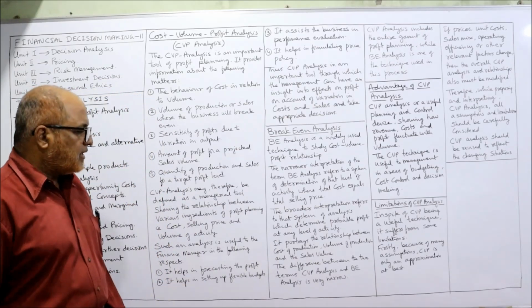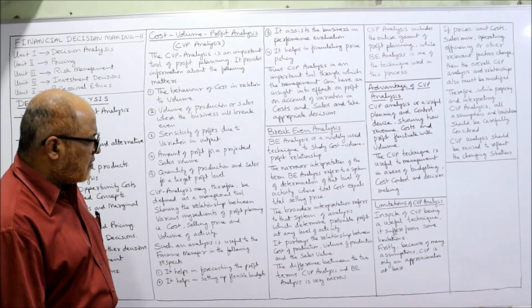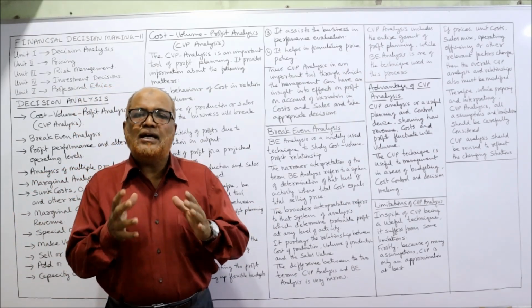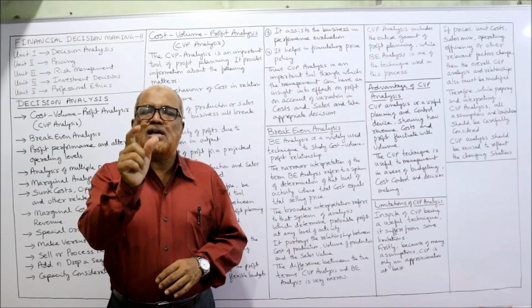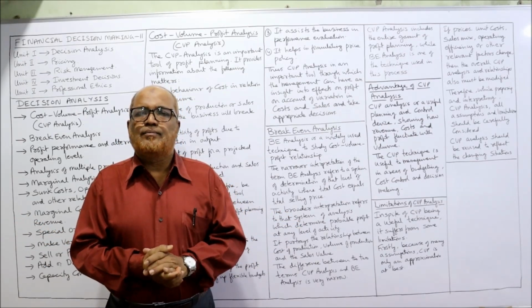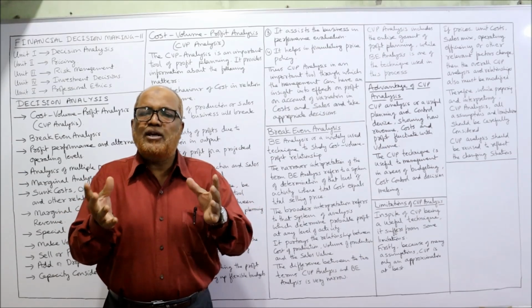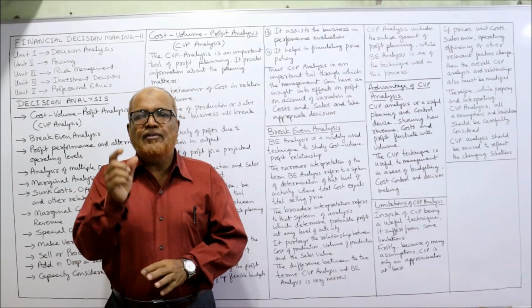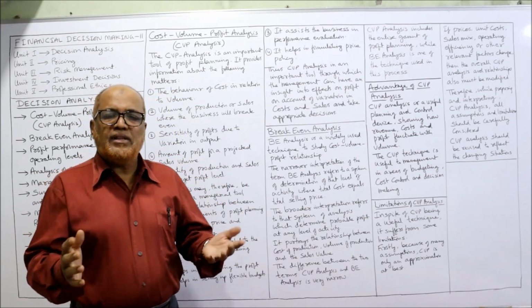The difference between the two terms CVP analysis and break-even analysis is very narrow. Many people will argue and think that CVP analysis and break-even analysis are one and the same. Both are synonymous. We can interchangeably use break-even analysis or CVP analysis. But the difference is very narrow. What is the difference?